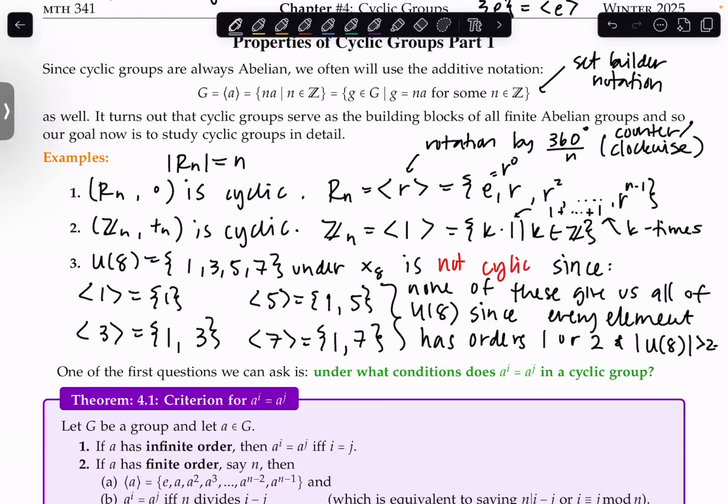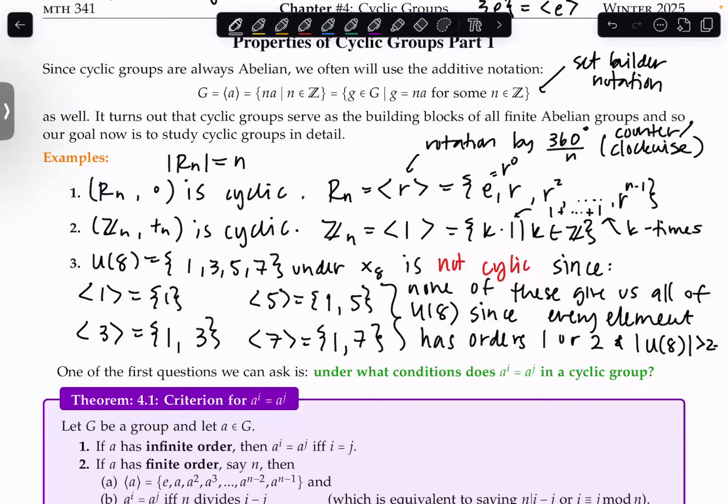So we'll first focus in on deciding when do I get repetition in terms of my powers? When do I know that a^i is going to give me a^j? What information do I need to know about i and j to know that I do get the same exact element here? That way I know in my set, I end up doing some repeating and I don't have to write the rest of the powers of a.